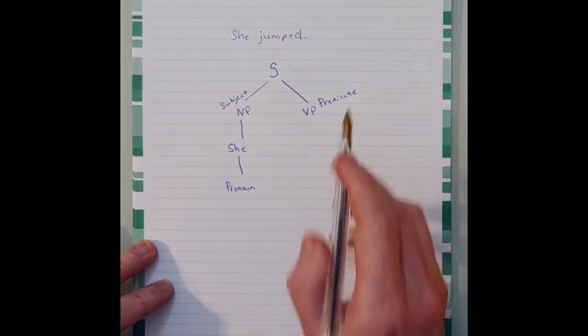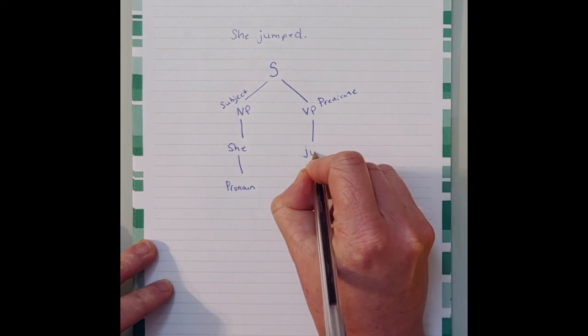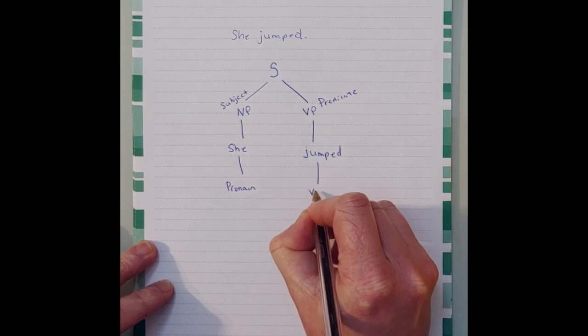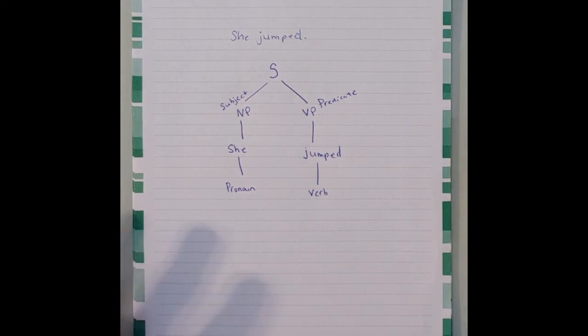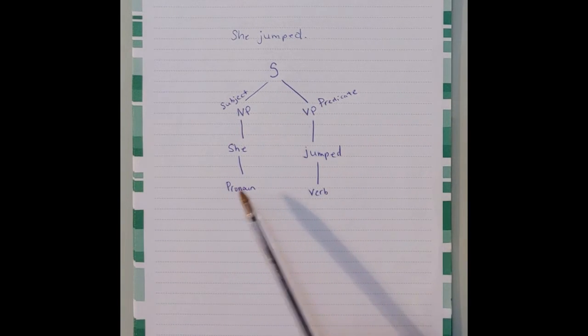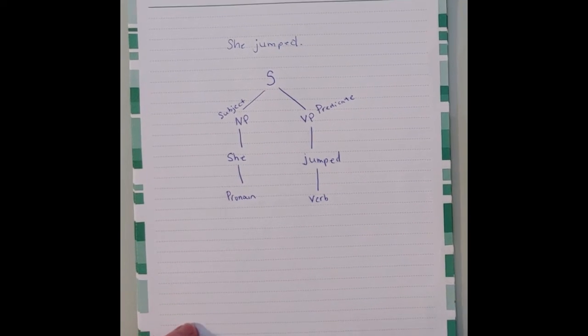In this case, it's just jumped. So for my verb phrase, I'm going to write a line down and I'm going to write jumped. And I'm going to write that that is a verb. So here is our tree diagram for our very first sentence. Our sentence was she jumped, and you can see the rule that we're sticking to. We're sticking to our subject and predicate rule, and I have she jumped. Let's move on to our next one.